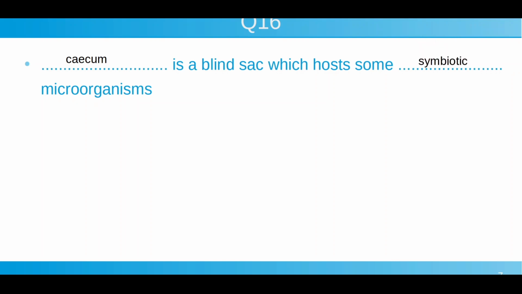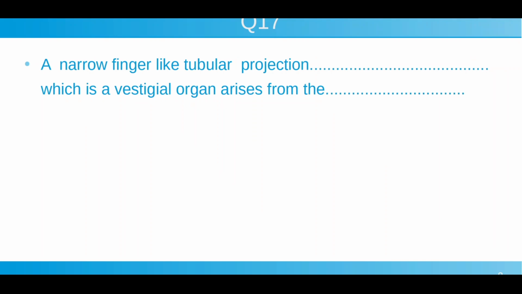Just now I explained cecum is the first part of the large intestine, which is a blind sac, and it will host some symbiotic microorganisms. Okay, moving on to next question. Tell me in the comment section what the term symbiotic means.